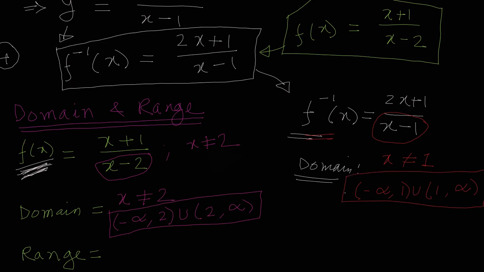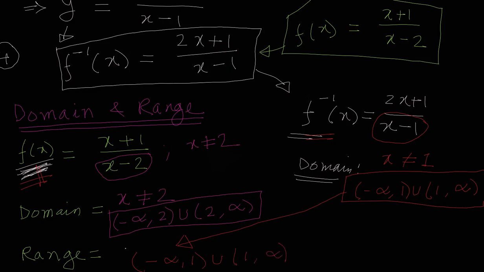Now the range of my original function is actually the domain of my inverse function. So what is the range of this function? The range of f(x) will be exactly the same as the domain of my inverse function. So this will be negative infinity to 1 union 1 to positive infinity.